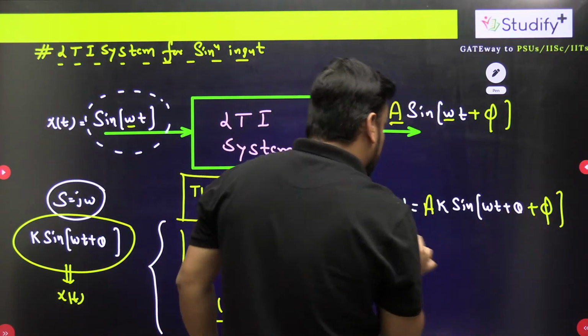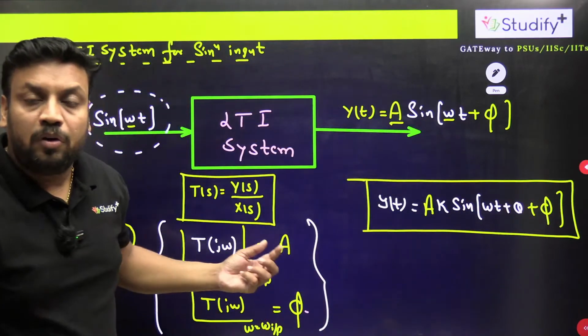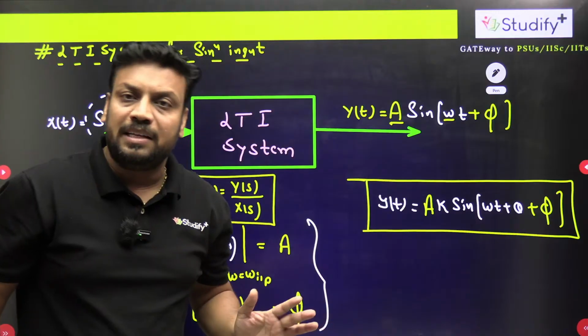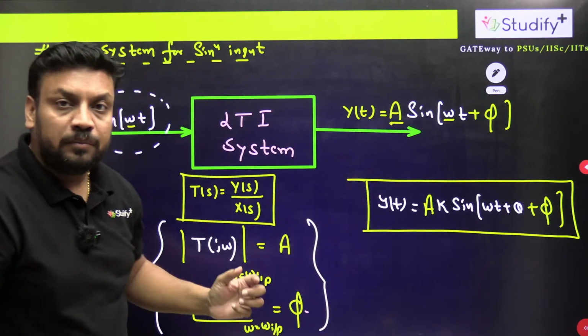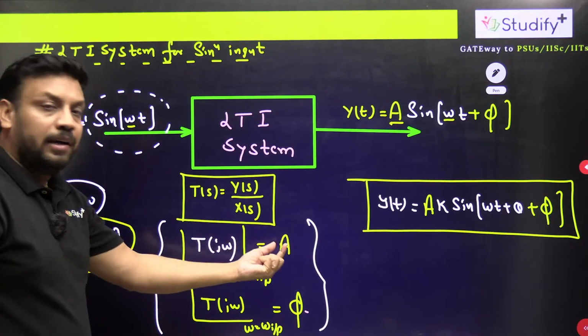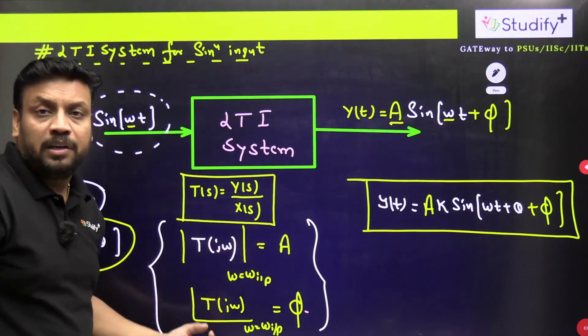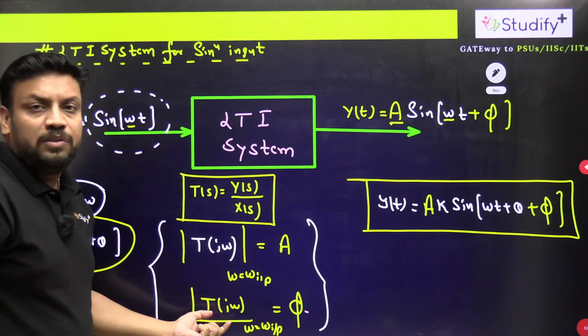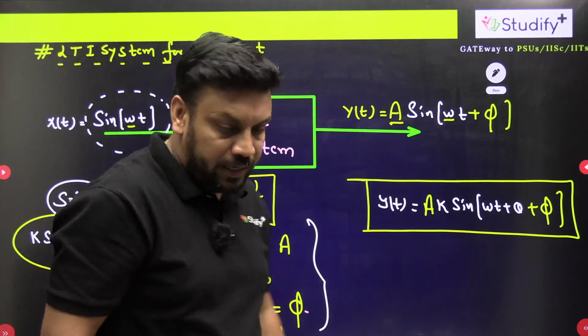This means that if the input already carries some magnitude or phase, that will remain as it is. In addition, capital A and phi will come, and the transfer function is responsible for that. We can find the magnitude of the transfer function at omega input to give A, and the angle of T(j omega) at omega input gives the phi value.